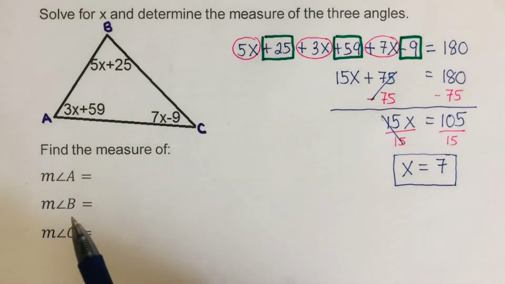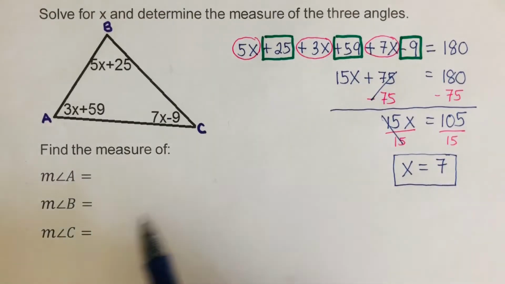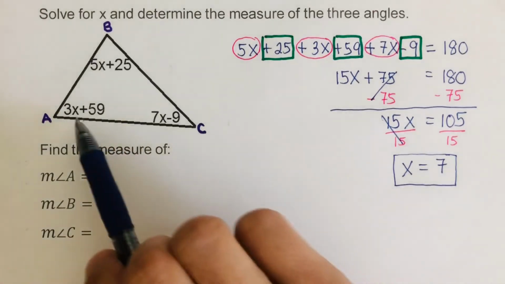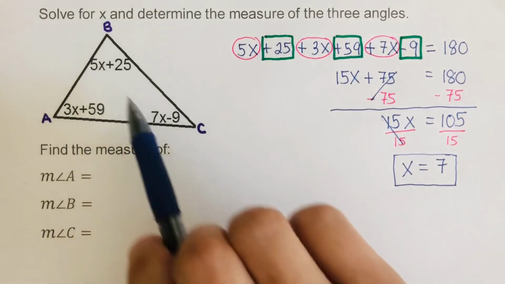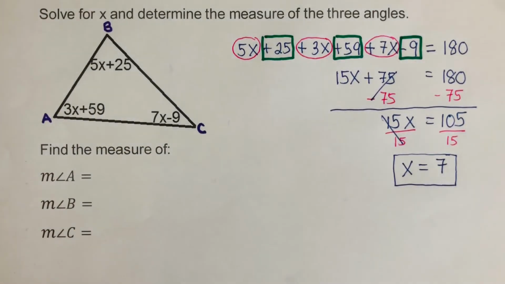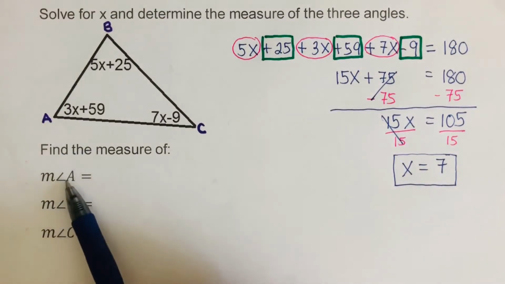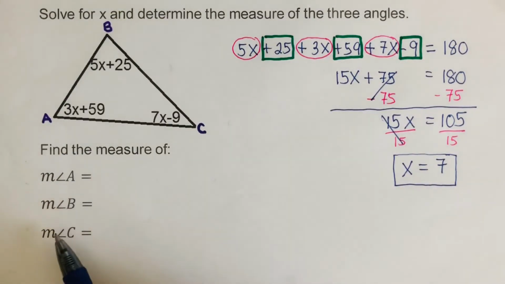But then here, we are asked to find the measure of angle A, angle B, and angle C. What we need to do is plug this x into each of the expressions, and we should be able to find the measures of A, B, and C. At this time, I would encourage you to pause this video and try this problem out. Solve for angle A, angle B, and angle C. And when you're done, unpause it and check your answer.